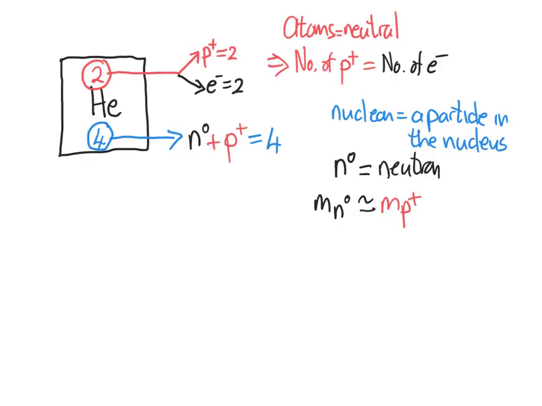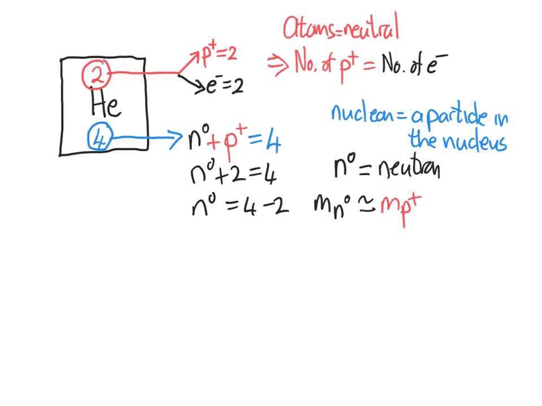So if we have 2 protons already and the total number of neutrons and protons is 4, then it follows that the number of neutrons is going to be 4 minus 2.